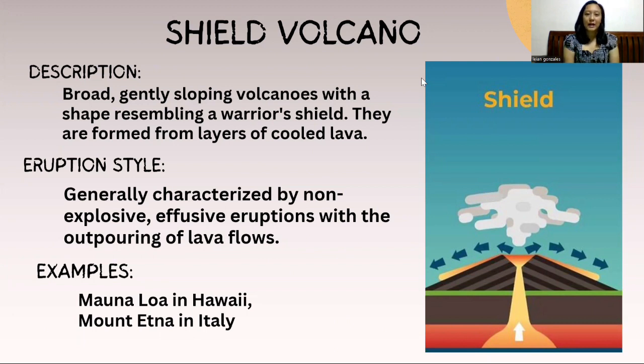The eruption style of it is generally characterized by non-explosive, effusive eruption with the outpouring of lava flow. The best examples of it are Mauna Loa in Hawaii and Mount Etna in Italy. Thus, remember the words resembling a warrior shield for the shield volcano.